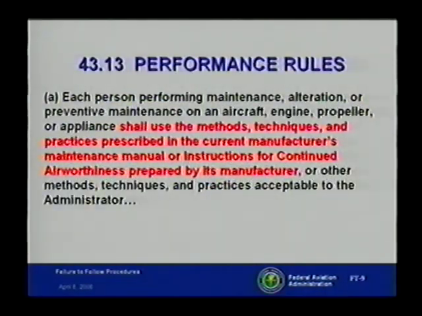4313, performance rules. A says that each person performing maintenance, alterations, or preventative maintenance on an aircraft, engine, propeller, or appliance shall use the methods, techniques, and practices prescribed by the current manufacturer's maintenance manual and instructions for continued airworthiness prepared by its manufacturer, or other methods, techniques, and practices acceptable to the administrator.